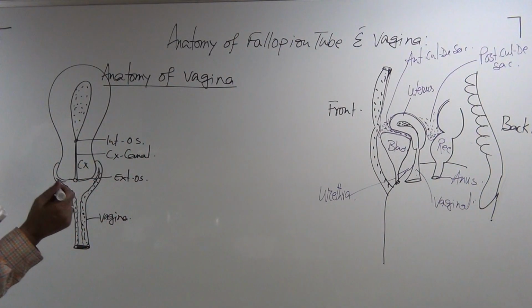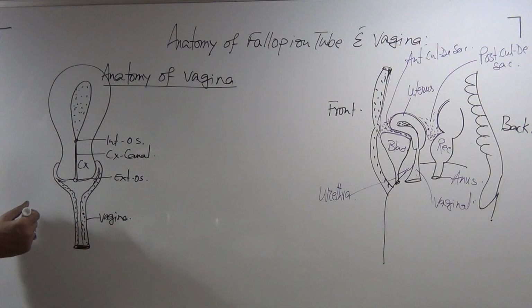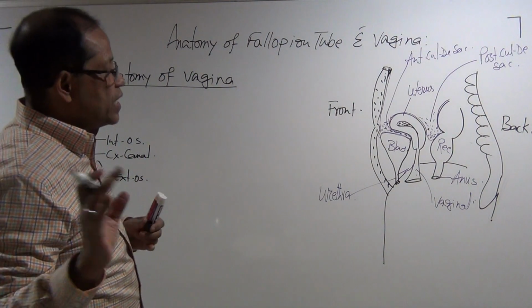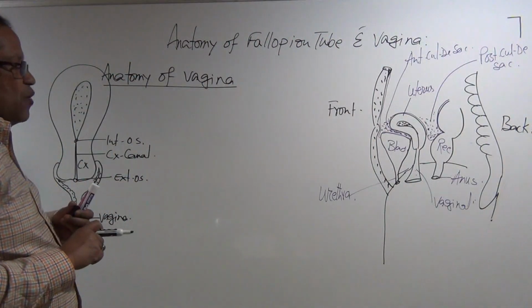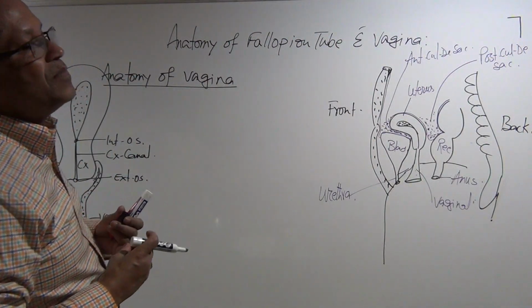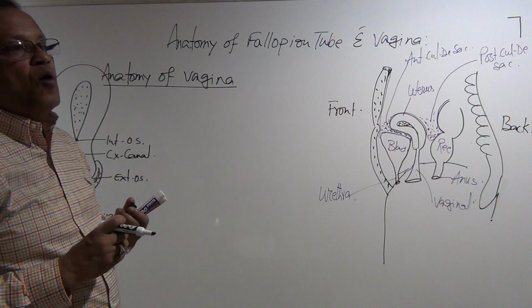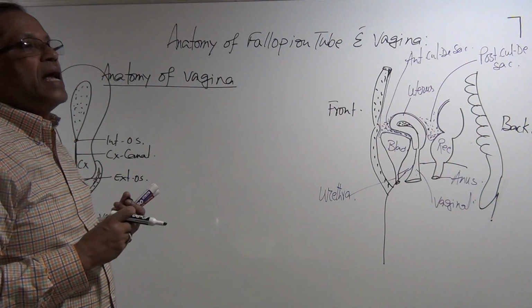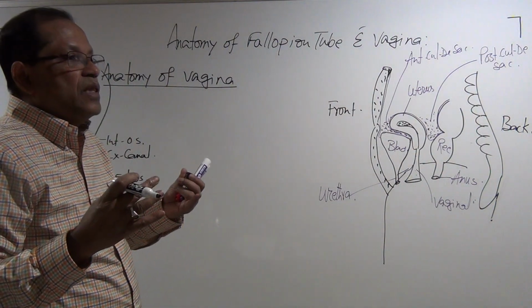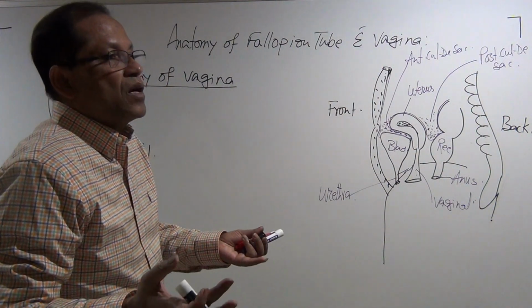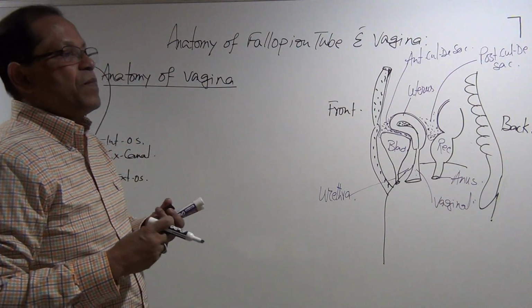Sonographically, we need to know where the vagina is located, how long it is, what the layers in the wall are, and how it works, and how it may affect infertility.